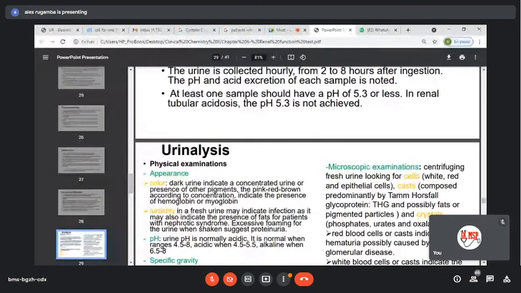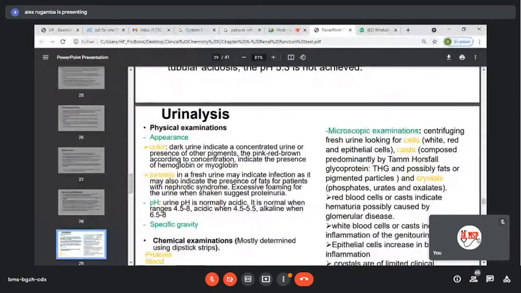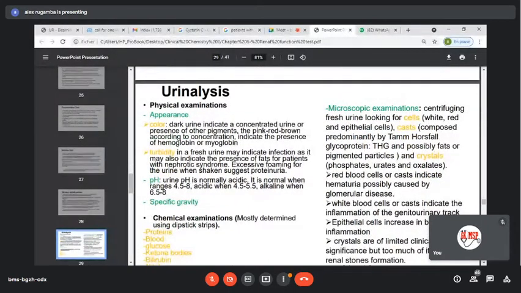So this is called macroscopic examination of the urine. It means you check the appearance of the urine. For checking the appearance, I told you that you have to check the color. The color may indicate the presence of pigments. If the color is too high, it means that there may be a higher distribution of red blood cells, hemolysis.